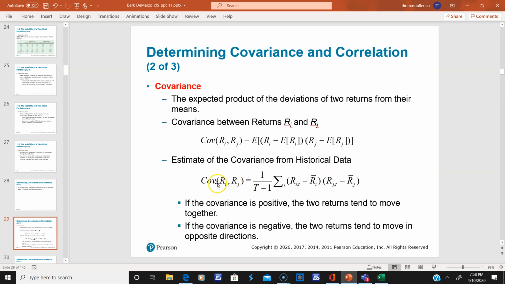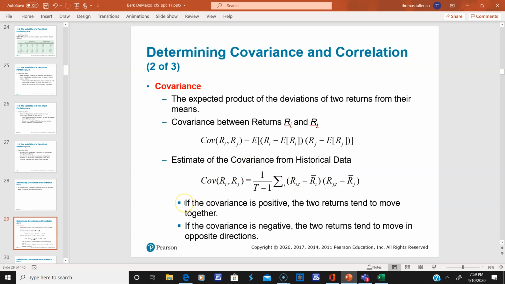So the covariance is equal to 1 over the total number of data points minus 1, times this return minus its mean, and this return minus its mean. You can use either one of these to get the covariance. This one I believe is a little easier.